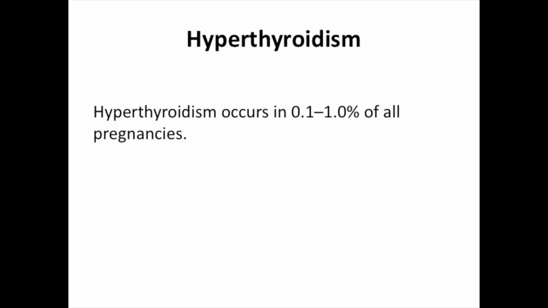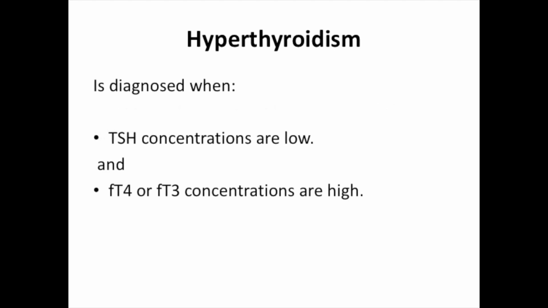hyperthyroidism in pregnancy. What is the prevalence? It occurs in 0.1 to 1% of all pregnancies. It is less than the incidence of frank or subclinical hypothyroidism, but it can occur, and smart doctors like you should not miss it. How do you diagnose a case of hyperthyroidism during pregnancy?